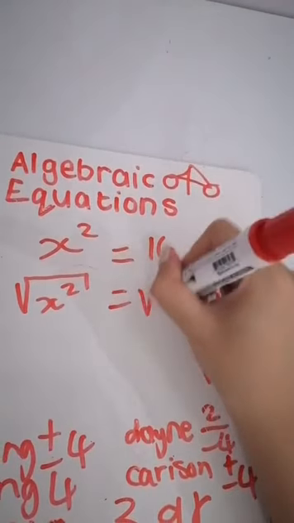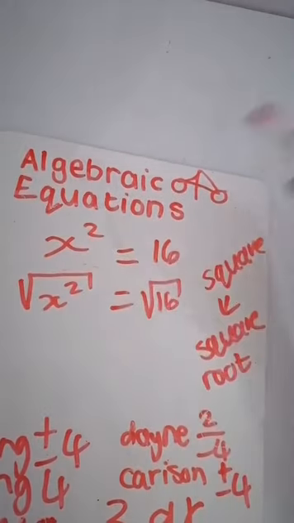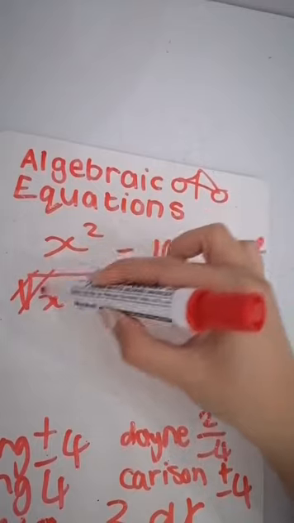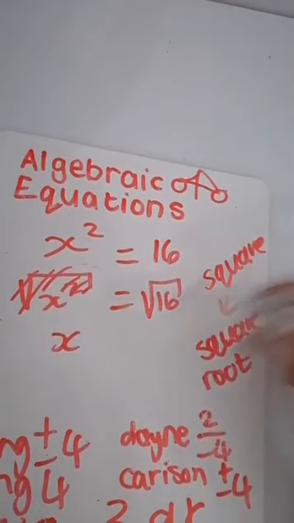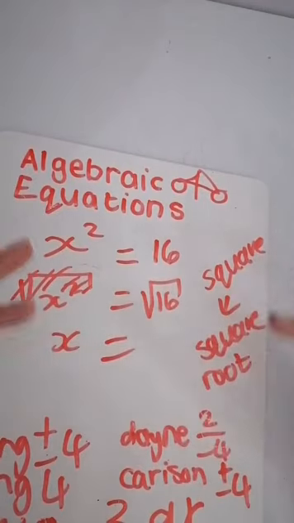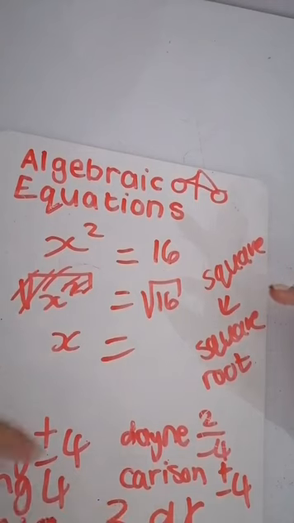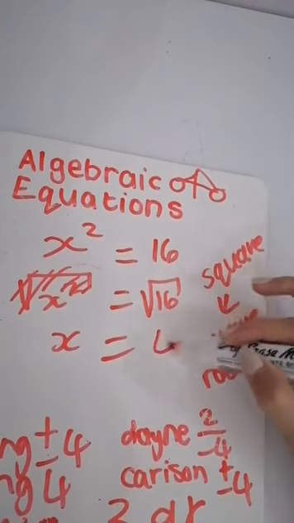What you do to the one side, you do to the other. And look at that. Just like all the previous ones, the square root cancels out with that square and you're just left with x. Now, before I get into that plus minus concept, I just want to explain it very basically. You know that the square root of 16 is equal to 4.